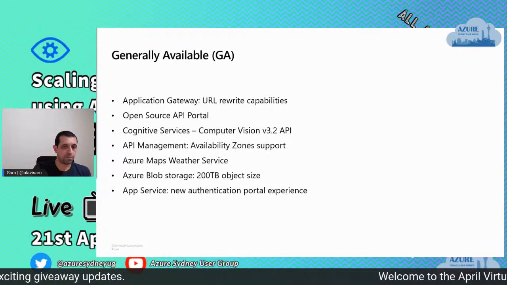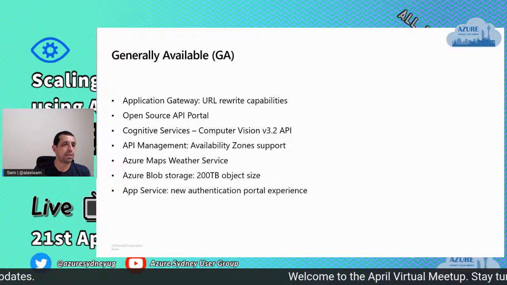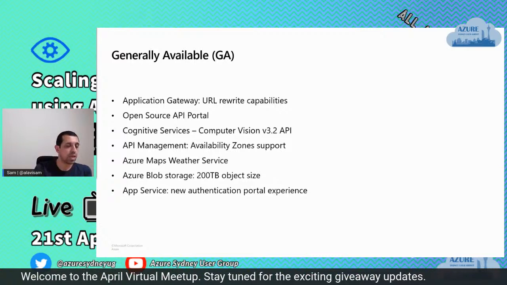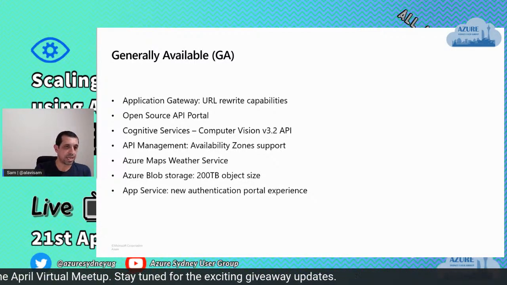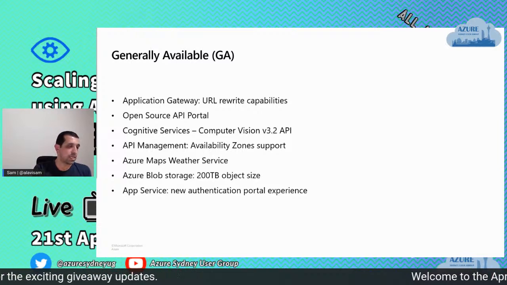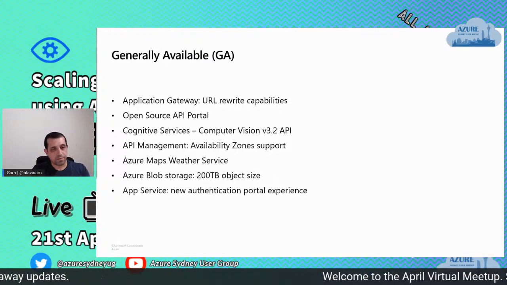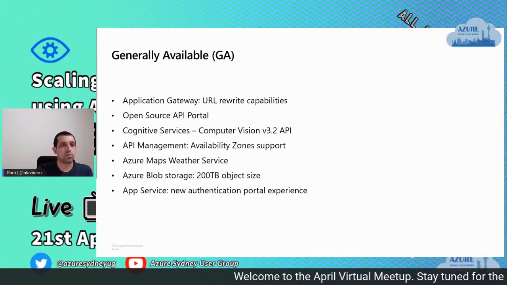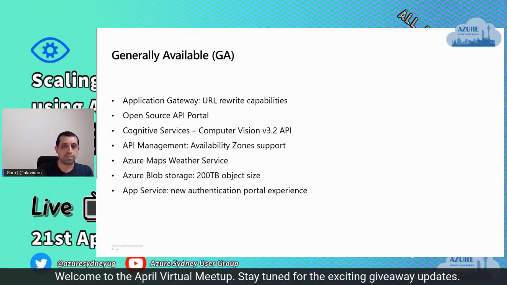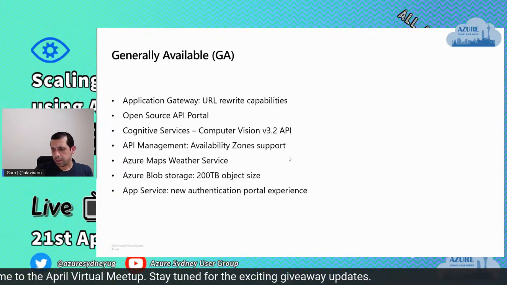But by default, when you enable this feature for newly created app services, it goes with the new experience, and you get all the capabilities and features from this new feature. The old one is still available, but with a different name. It's still available to use if you want.